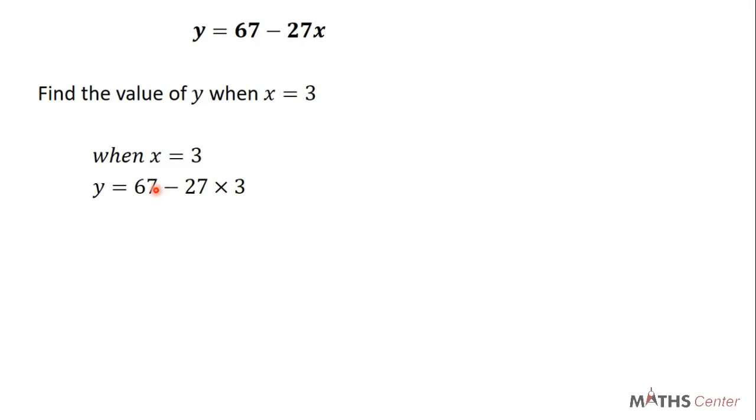So y is equal to 67 minus 27 times 3. This will give us 67 minus 81. 27 times 3 is 81. And 67 minus 81 gives us minus 14. This means that when x is equal to 3, y is equal to minus 14.